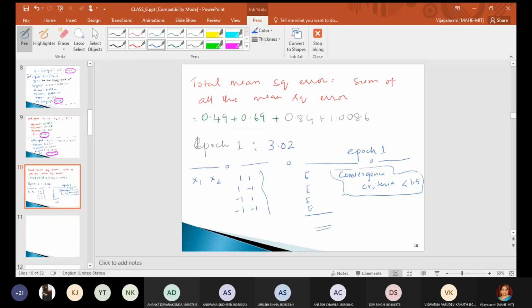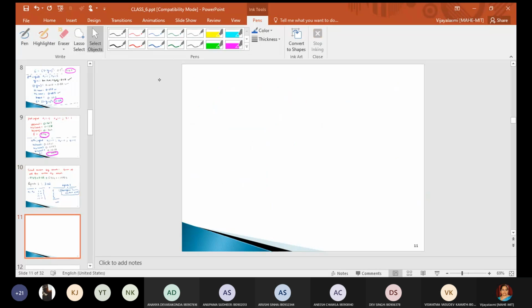Now in this case, just for your understanding, this is what I have done. This is the total mean square error. When I calculated this for epoch 1, it is 3.02. All of you have got that.